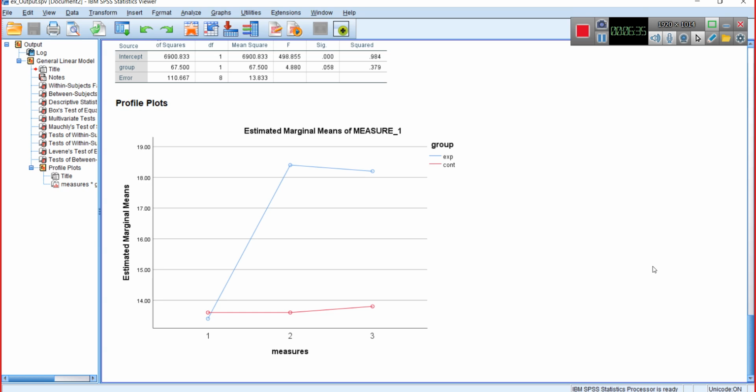But some kind of design like this, with a control and experimental group, is either true experimental with random assignment or quasi-experimental with non-random assignment of the subjects to the experimental and control groups. We may have some kind of analysis like this with follow-up or without follow-up.